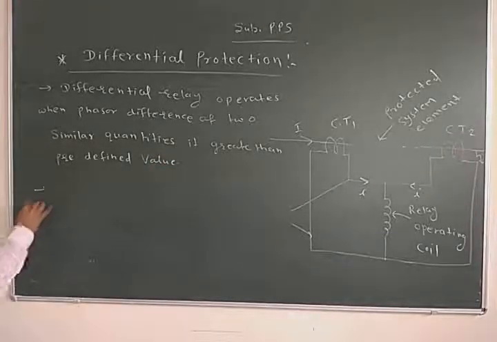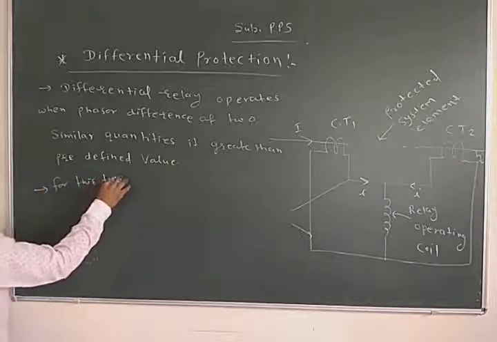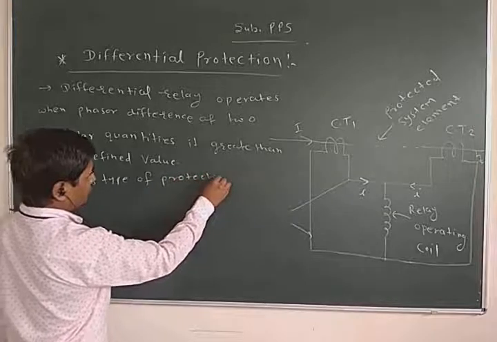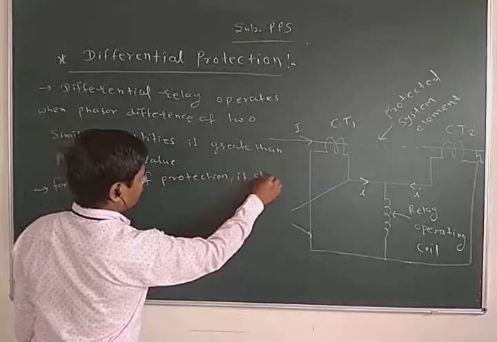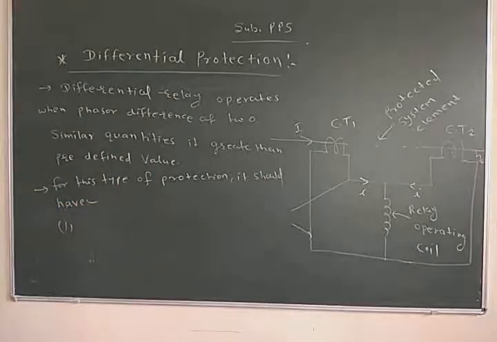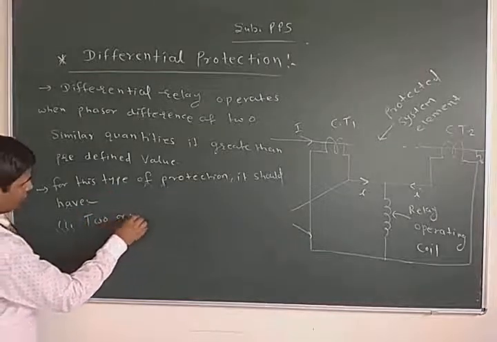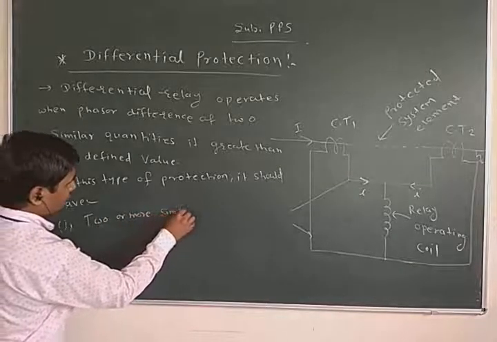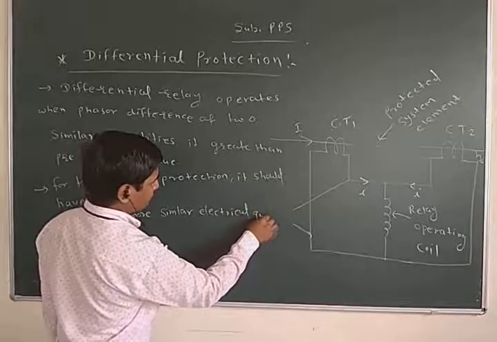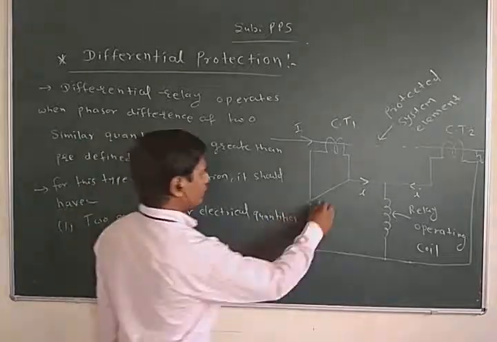Thus, for this type of protection, it should have first two electrical quantities, two or more similar electrical quantities.